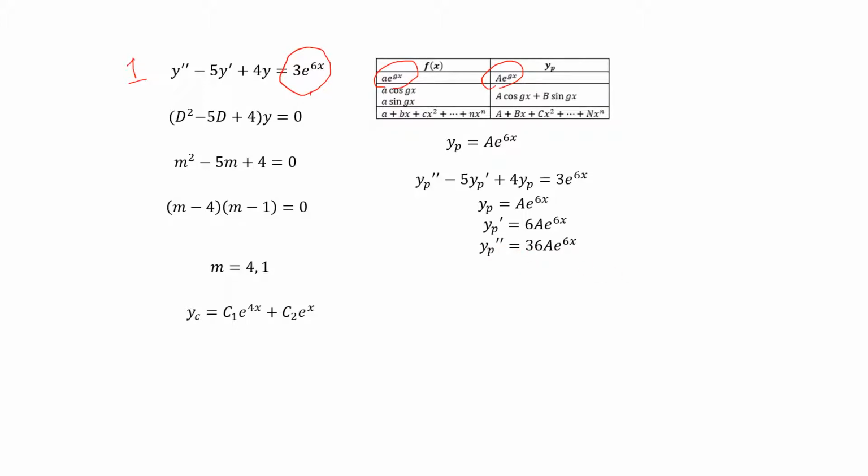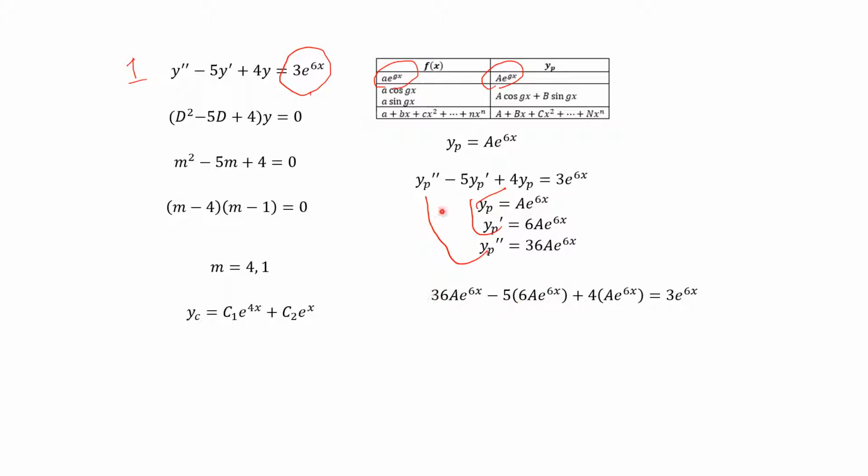And the next step is you will have to plug these values there, there, and there, to find the value of a. So notice that y_p is plugged there. That is 4 times a e to the 6x. That is negative 5 times 6a e to the 6x.